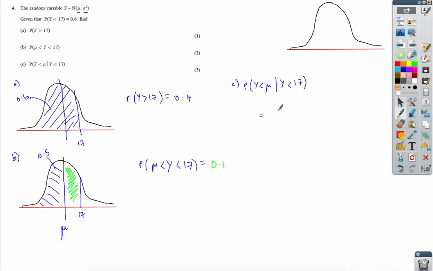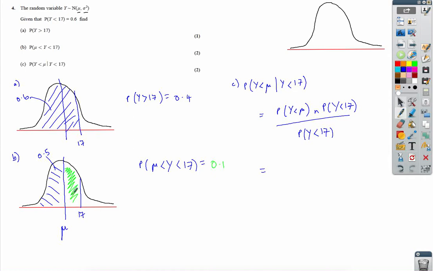The conditional probability formula is the probability that it's less than the mean and less than 17, over the probability that it's less than 17. So this is how they make things a bit trickier. They mix up a normal distribution question with a probability question, but it's still only 2 marks, so it shouldn't be that devious. The probability that it's less than the mean is 0.5, and it needs to be less than 17 at the same time.